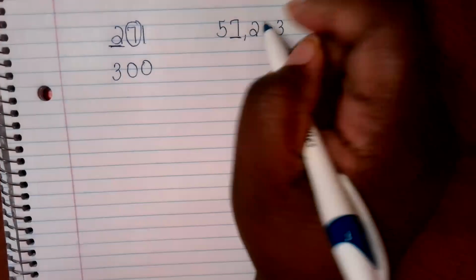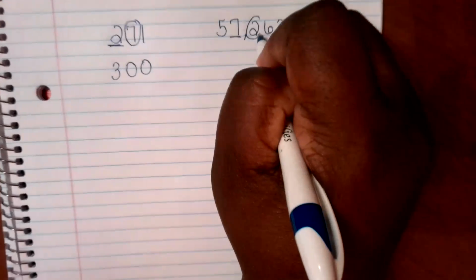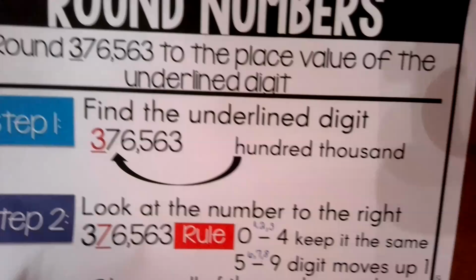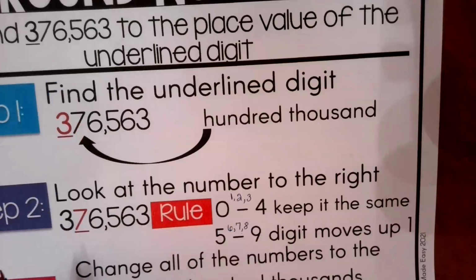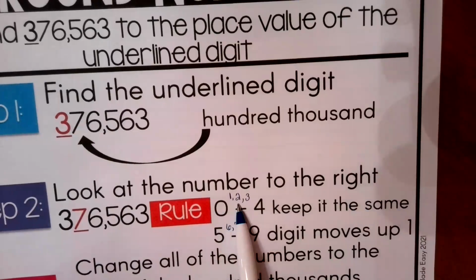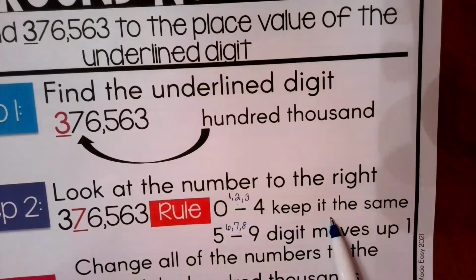I'm going to circle the number directly behind it, which is my 2. My 2 is going to tell this 7 what to do. So I'm going to pull back out my anchor chart and see what the rule is for the number 2. Okay, so I found my number 2, and it says keep it the same. So that means that my underlined number 7 is going to stay the same.